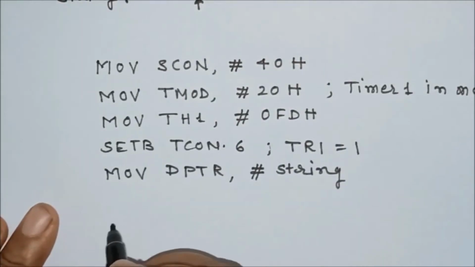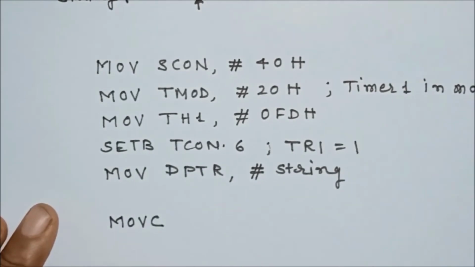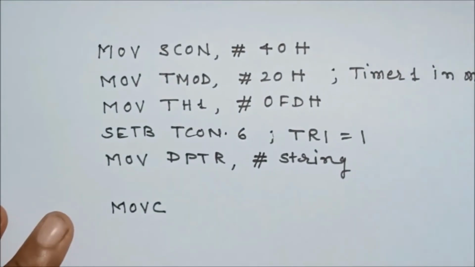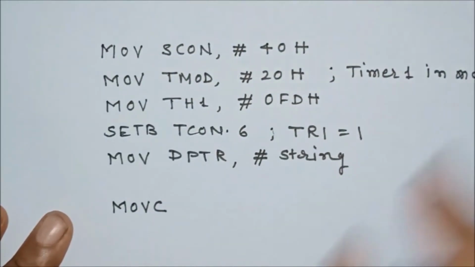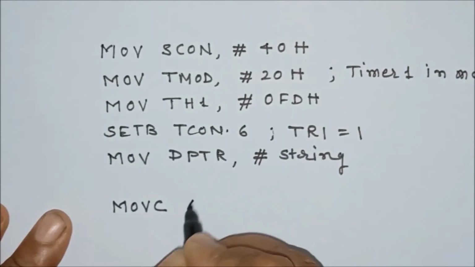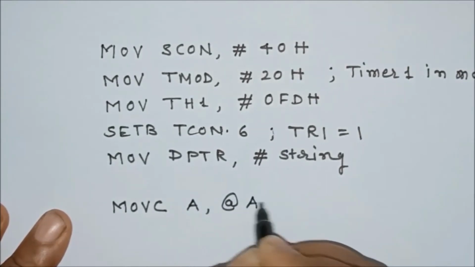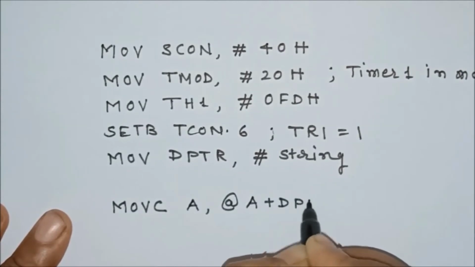Then next we have to use this instruction. Since we have stored the string in program memory, to read a character from program memory we have to use the instruction MOVC, and the format of the instruction is A, @A+DPTR.